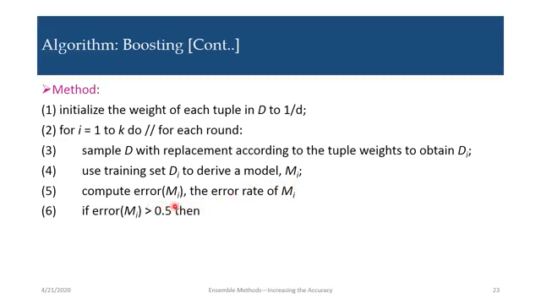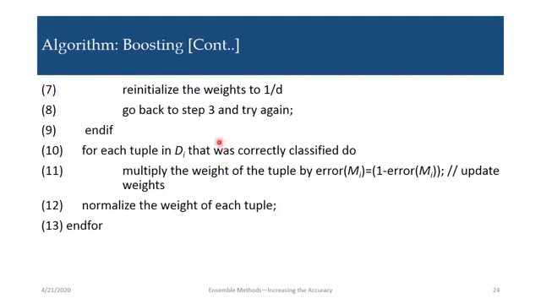Now compute the error rate of Mi. Once the error rate of Mi is calculated, if error(Mi) is greater than 0.5, reinitialize the weights to 1/d. We should not continue; we have to start from the beginning, go back to step 3 and try again.